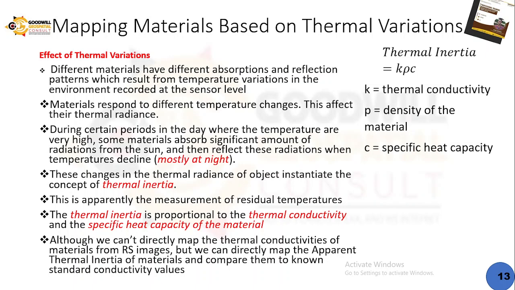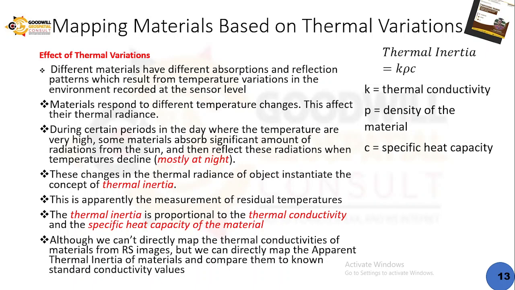So this is the function that represents the thermal inertia. But what we can get from the image is not necessarily the thermal inertia on the quantitative scale, but the thermal inertia on the qualitative scale. Relatively, they are the same. Once you measure those thermal inertias in the lab, they are the same as the thermal inertias in the images.